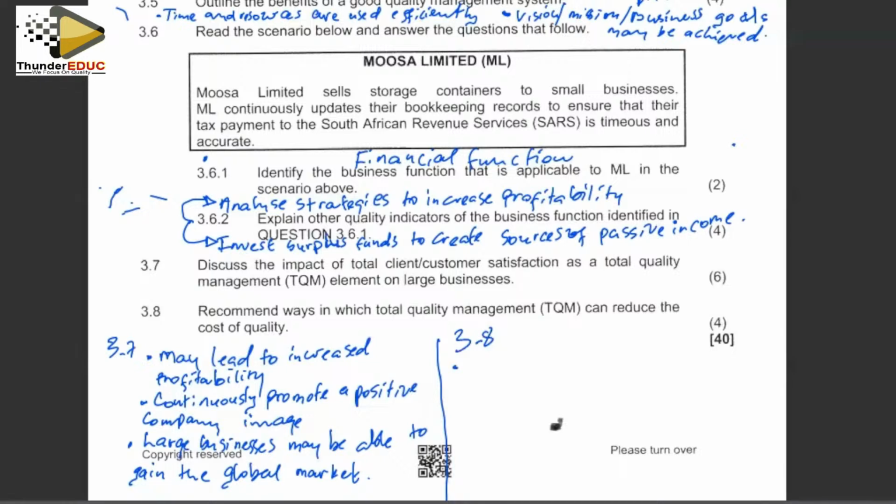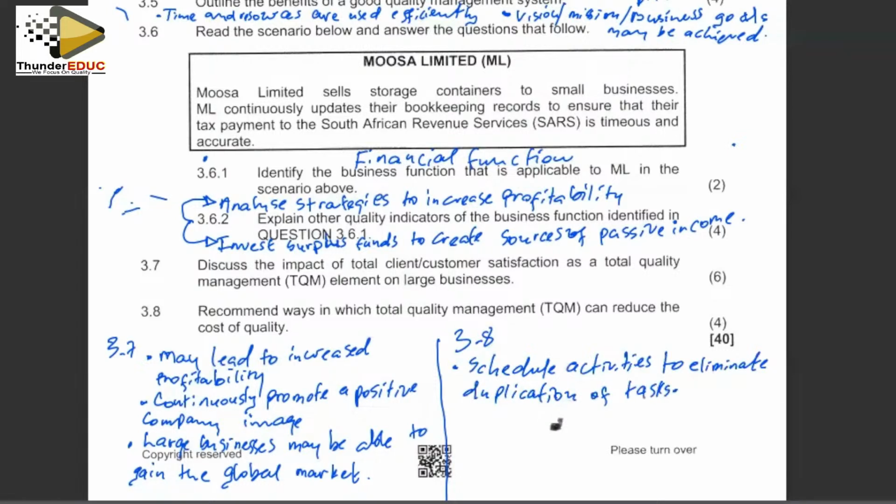We're saying that schedule activities to eliminate duplication of tasks.